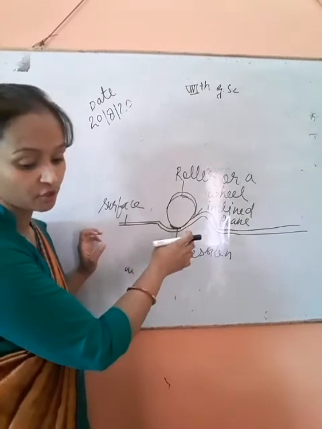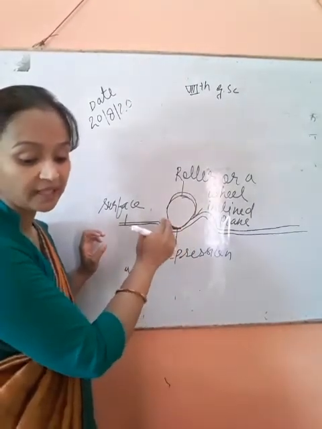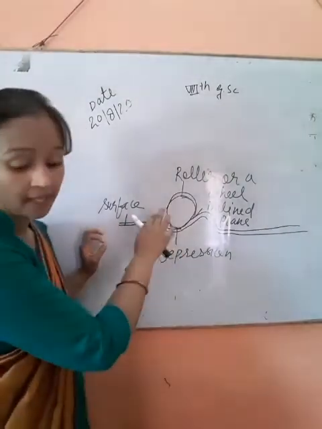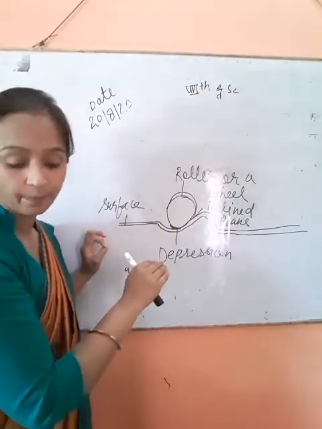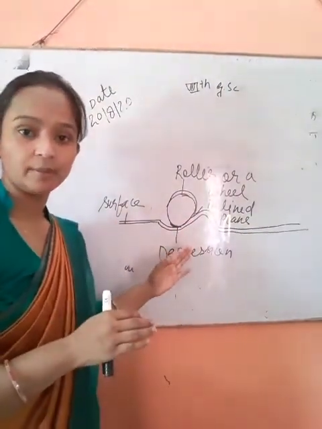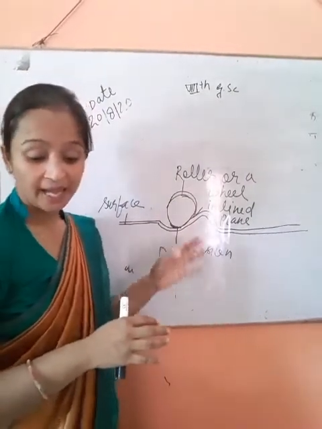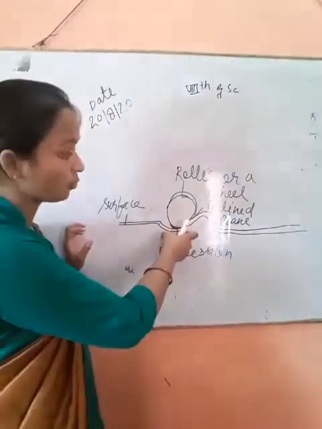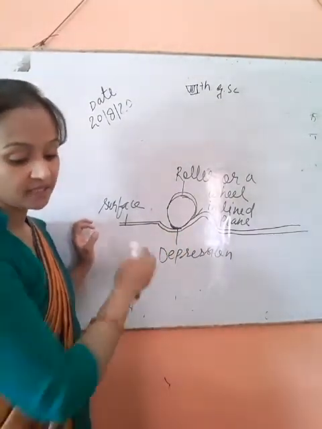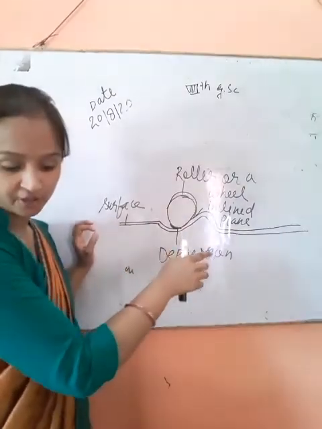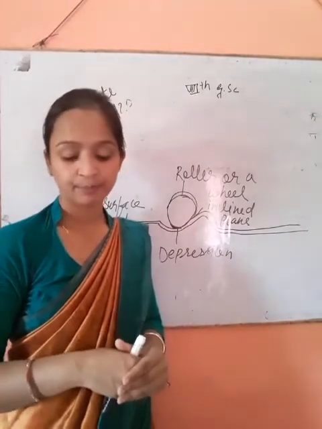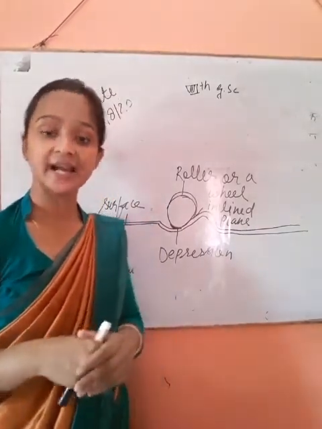formed at the point of contact of the wheel or roller with a given surface, the lesser is the force of rolling friction, and vice versa. Furthermore, we can say that rolling friction is far less than the sliding friction.